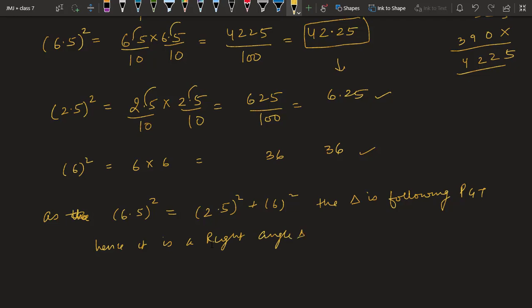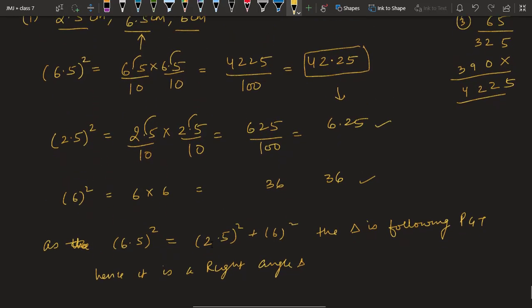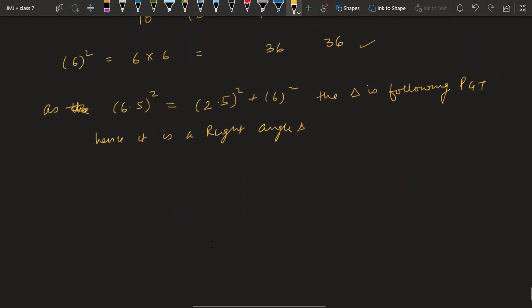Now the question comes, which angle is to be taken as 90 degree? For that, let's make a right angle triangle first. If this angle is 90 degree, we know the longest side is your hypotenuse.